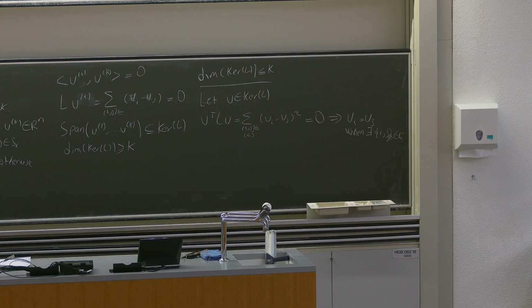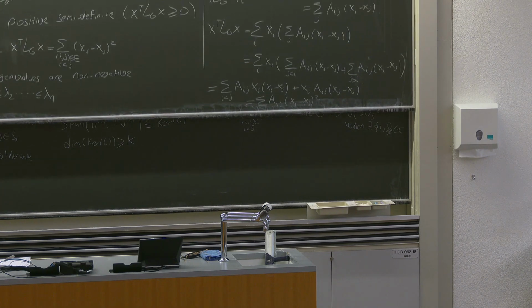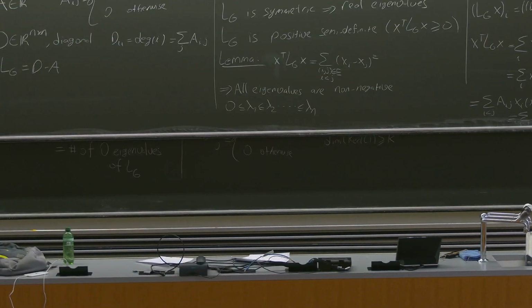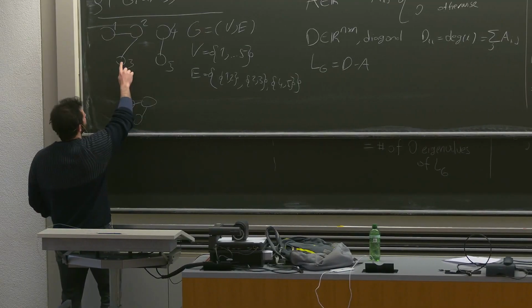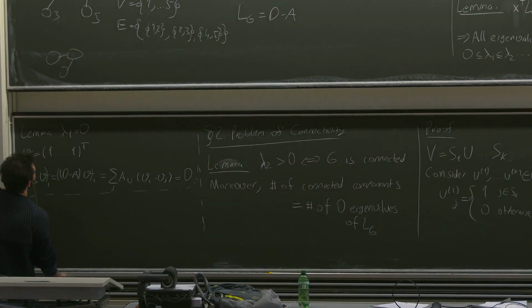If we consider this graph above, this is a connected component, and anything that is connected by an edge has the same value. So this is going to have the same value with this one, and this with this one. If you can walk through a path and all the differences are 0, the value of the vector u in this connected component should be the same for all vertices in this connected component. So let's write this down.